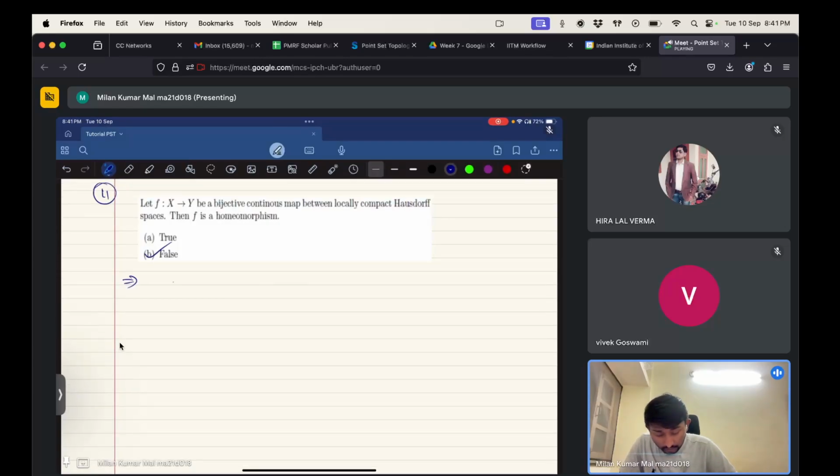Let's take whatever hint is given. Let X equal [0, 1) and Y equal S1. This is compact, that means locally compact. This is locally compact.